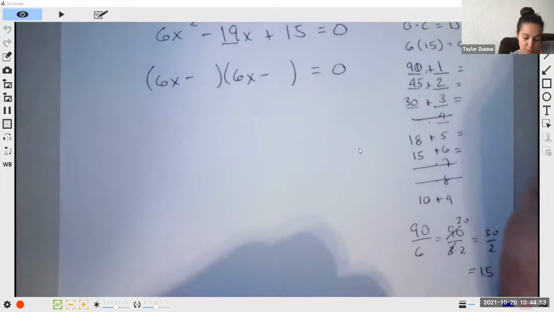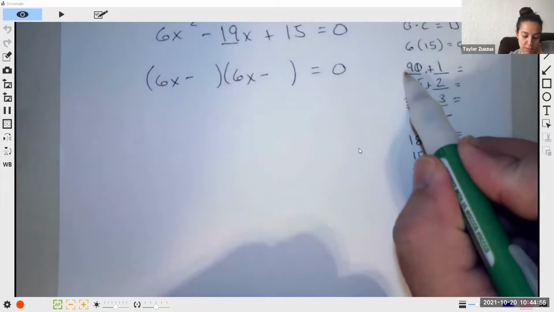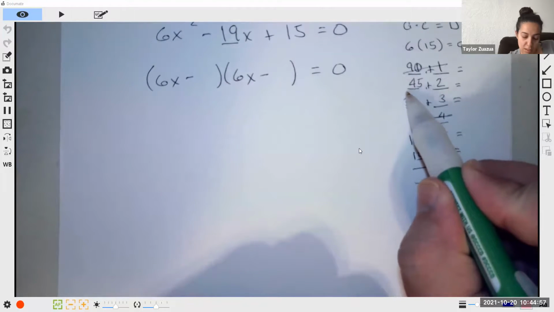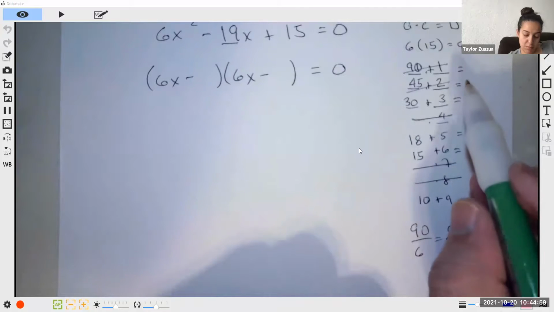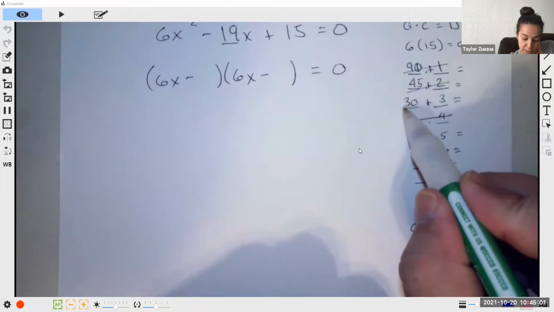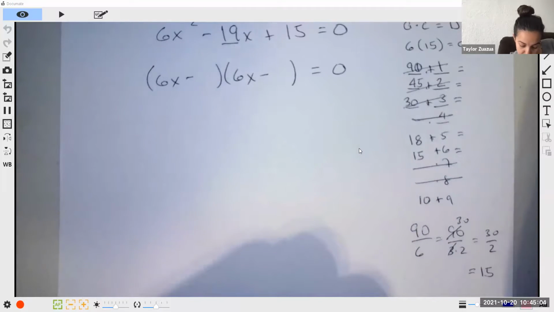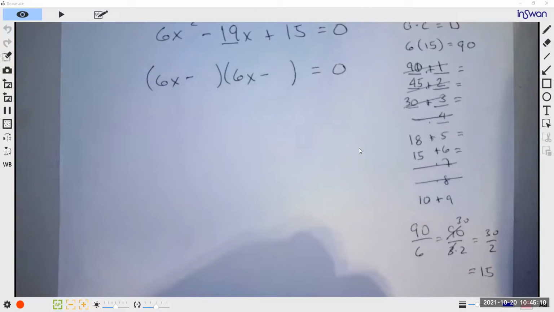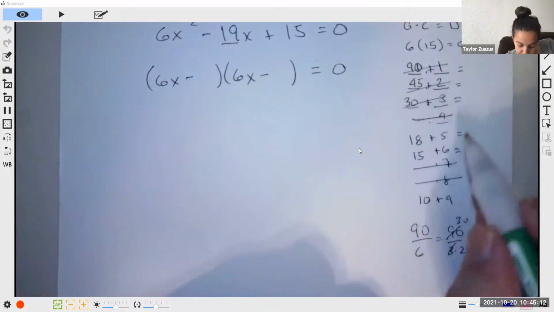So, it wouldn't be the first one. Oh, wait, I confused myself. I'm so sorry. So it wouldn't be the first one because 1 plus 90 is 91. And it wouldn't be the second one. It wouldn't be the third one.